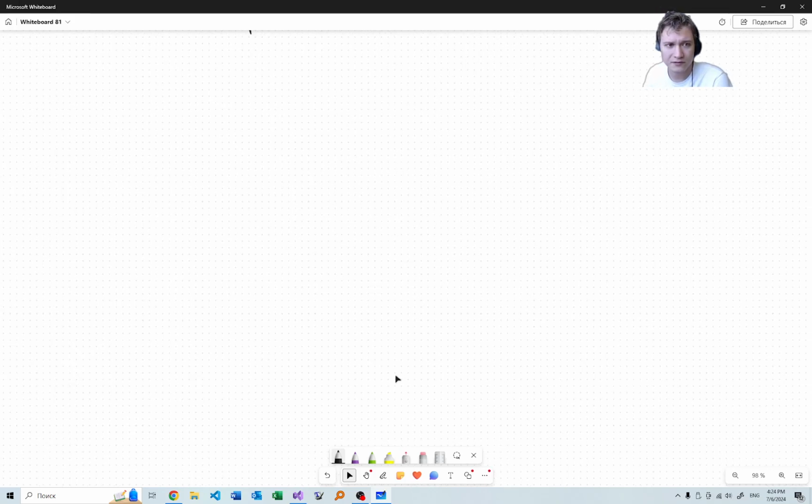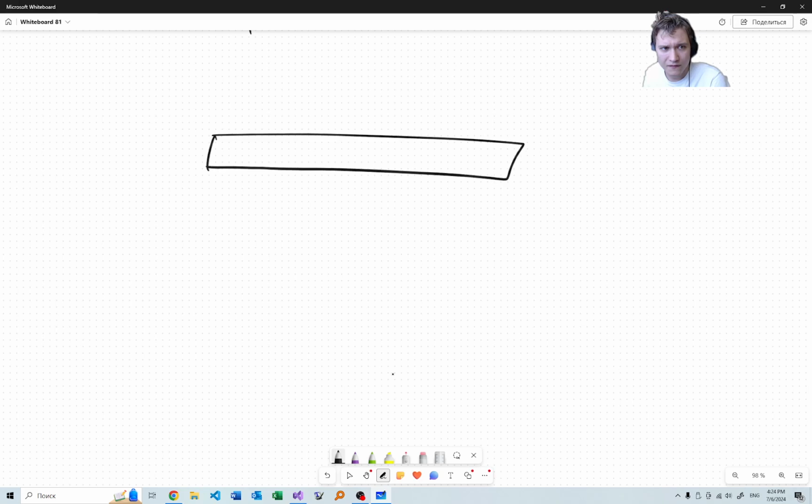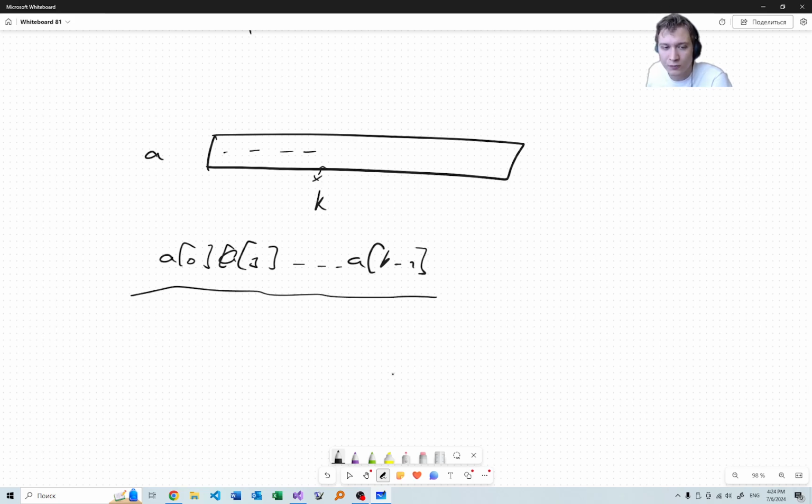For example, if you need to insert x exactly after the kth element, you can write a0, a1, etc., a k minus 1 just with a cycle. Then you output x, and then you output with another cycle all elements from ak to a n minus 1.